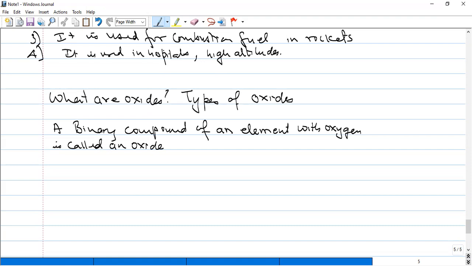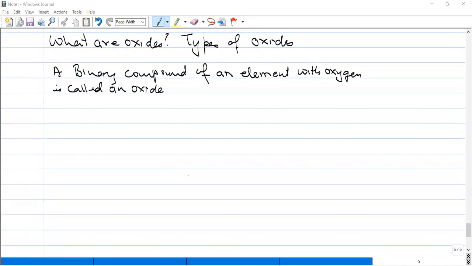A binary compound of an element with oxygen is called an oxide.